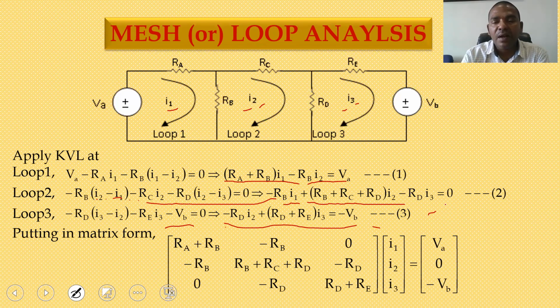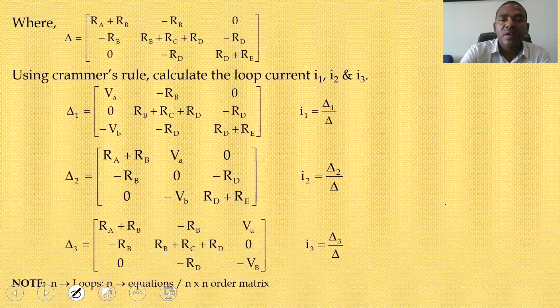Replace the third column by the RHS, and you get the delta 3 value. All determinants you have to calculate using Cramer's rule. I1 is equal to delta 1 by delta, I2 is equal to delta 2 by delta, and I3 is equal to delta 3 by delta.